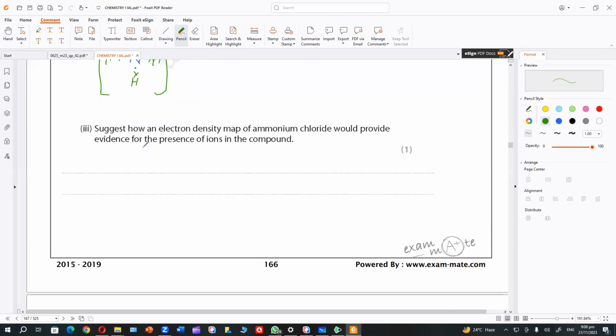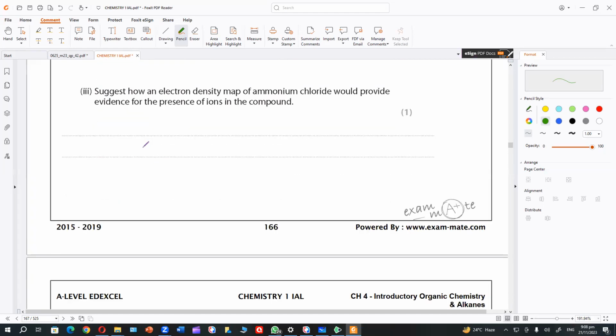We have done part 2, but part 3 is giving me 1 mark for it. Basically, if there is less dispersion, it would show that there are ions, but I don't know how to put it in words.